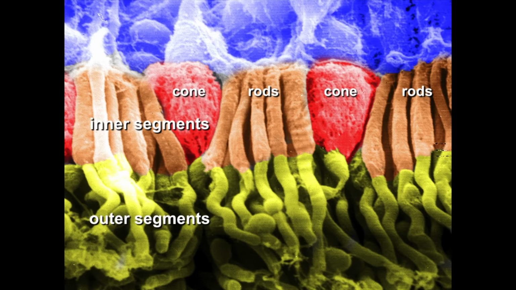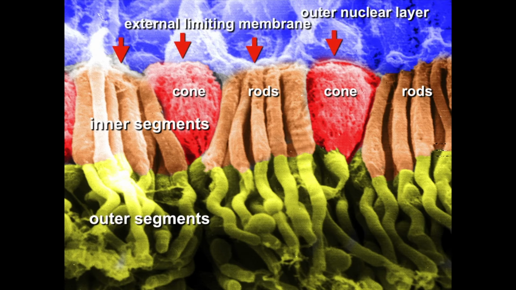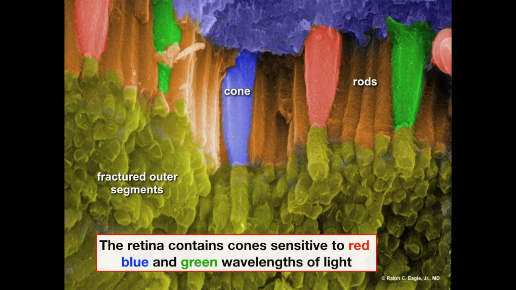The photoreceptor nuclei form the outer nuclear layer, and the inner and outer segments project through the external limiting membrane. The cones in this scanning electron micrograph are colored red, blue, and green to emphasize that there are three types of cones that are sensitive to red, blue, and green wavelengths of light. Most of the outer segments in this photo are fractured and lost.